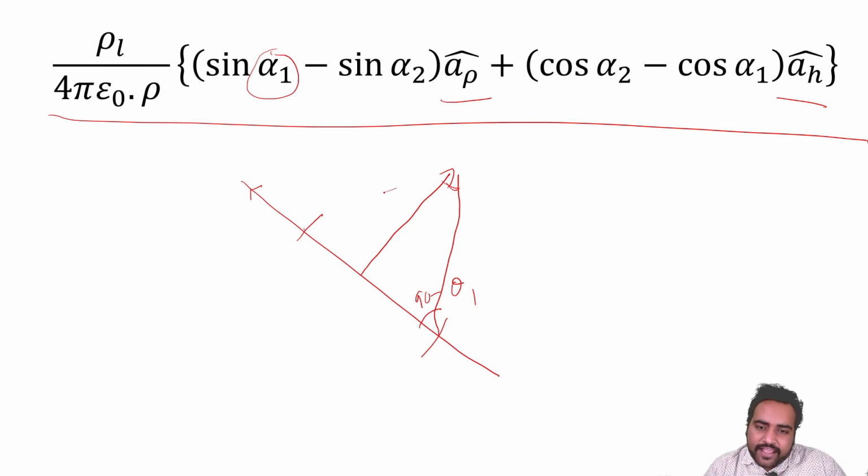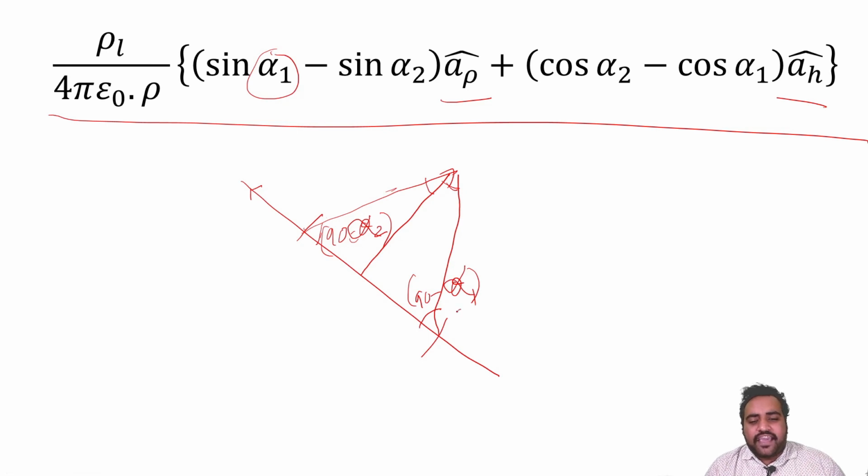Similarly, look at this. You have to know this angle, but even if you don't know that, you have to determine this angle, 90 minus theta. Now, if you assume that to be 90 minus theta 1 and 90 minus theta 2, these are alpha 1 and alpha 2.